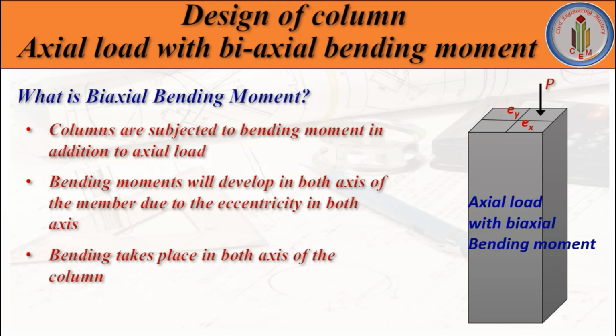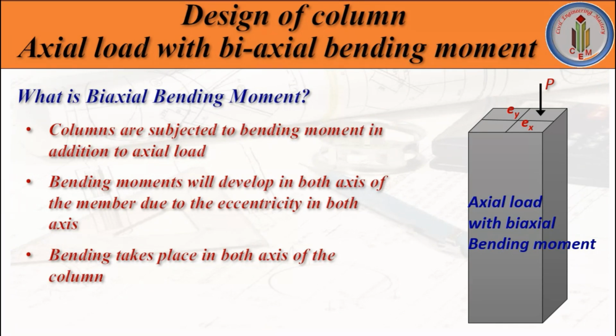There are three cases in a column. The first one is axial load, the second one is axial load with uniaxial bending, and the third one is axial load with biaxial bending. In the first case, the load will be acting on the centroid of the column, that means concentric load, so there will not be any moment.